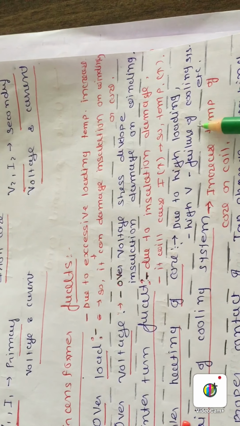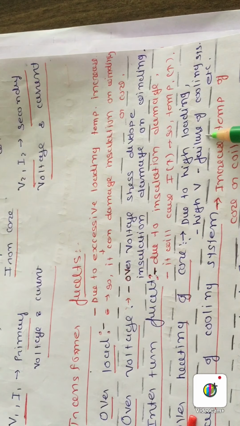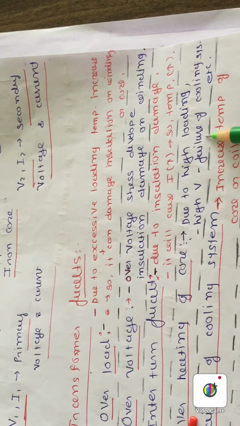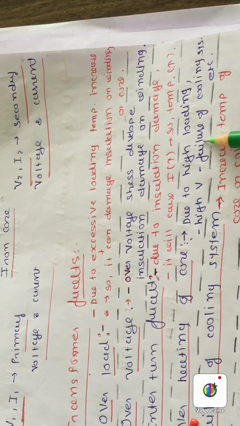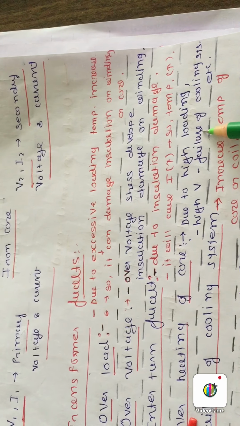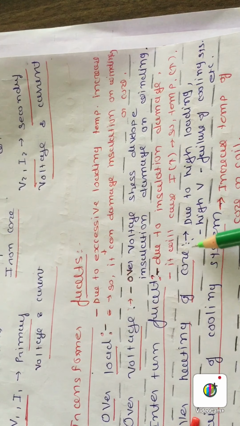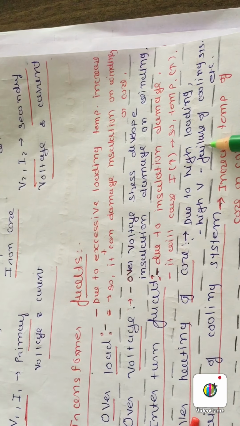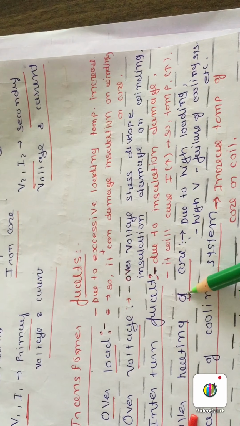You know that we are using cooling system in power transformer to reduce the operating temperature. So if the cooling system is damaged, then dissipation of heat will not occur, and due to that, the overheating of core will start.